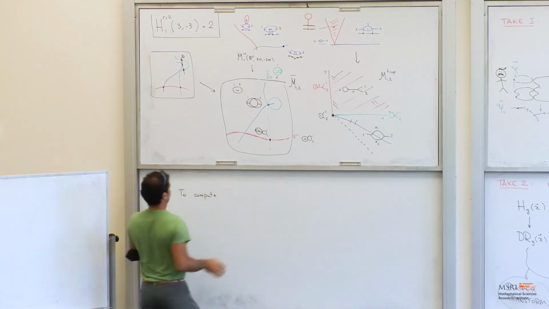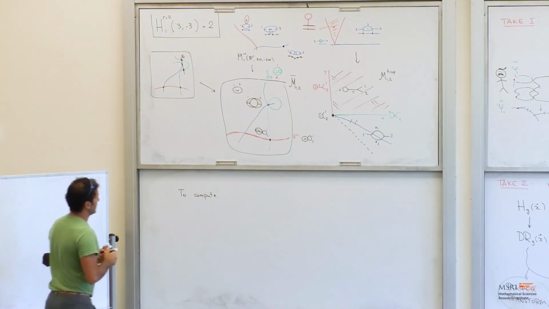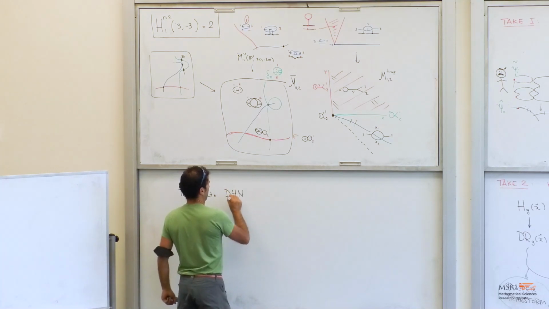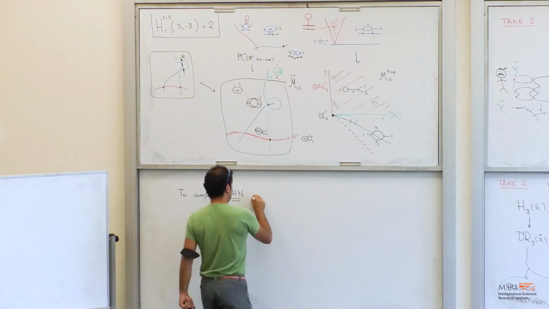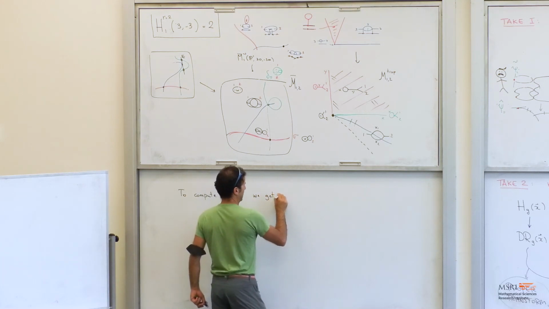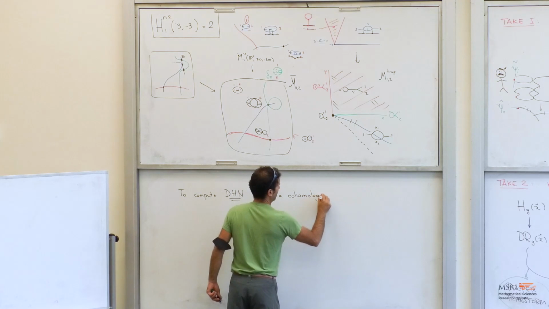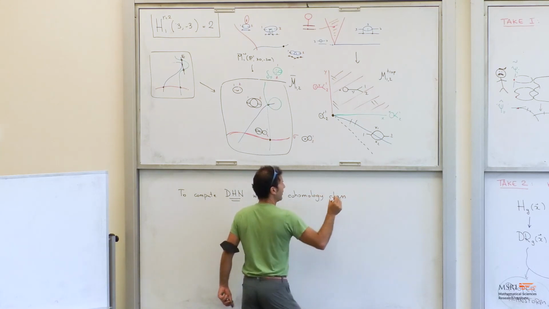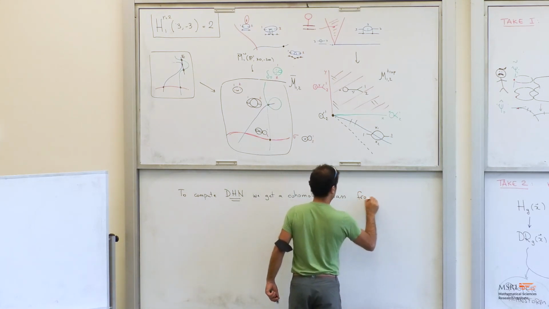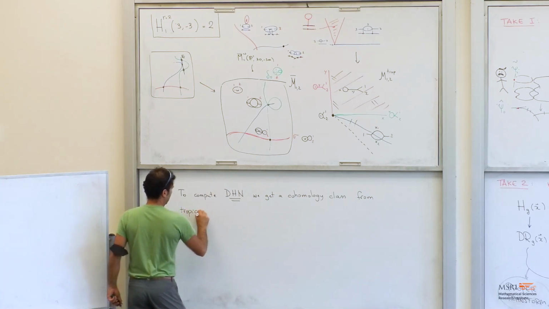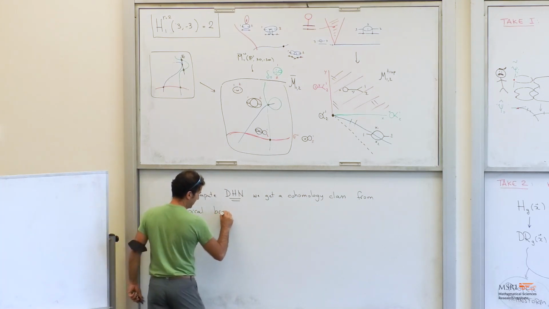Yeah. All right, to compute the double Hurwitz number, we get a cohomology class from the tropical branch morphism.